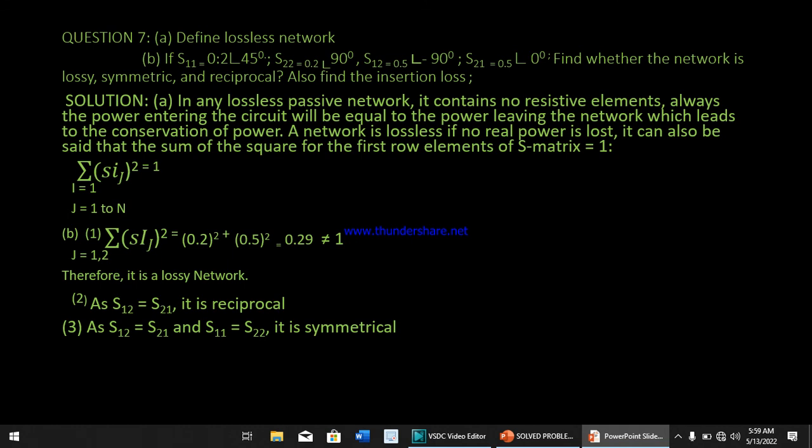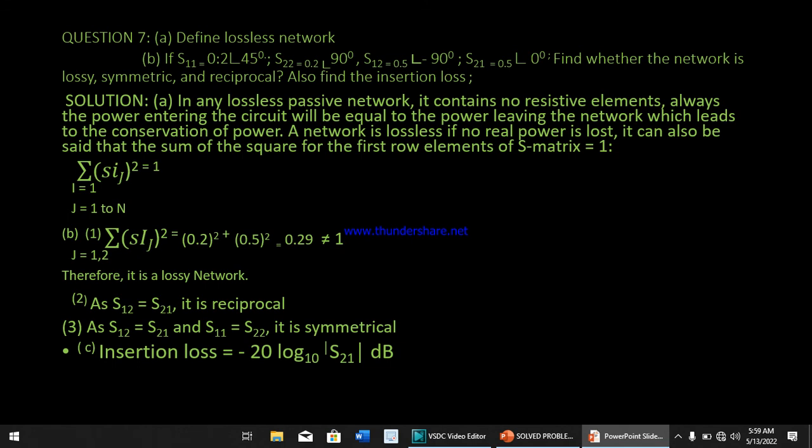So let us check. S12 is given to be 0.5, S21 is given to be 0.5, S11 is 0.2, and S22 is given to be 0.2. Automatically it is symmetrical.